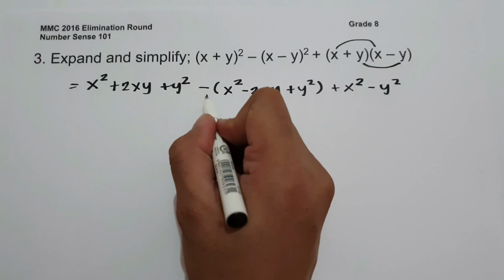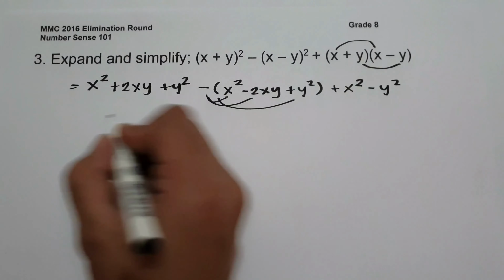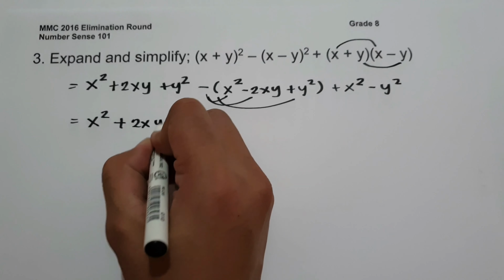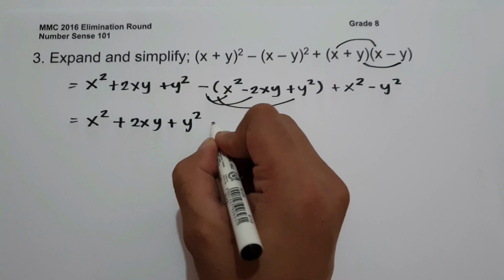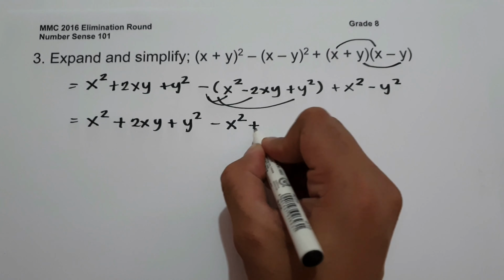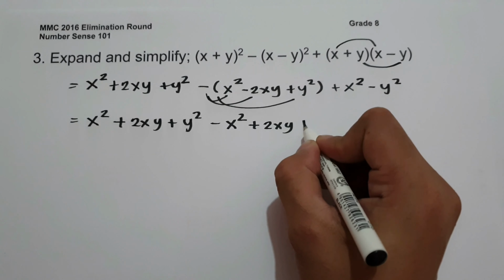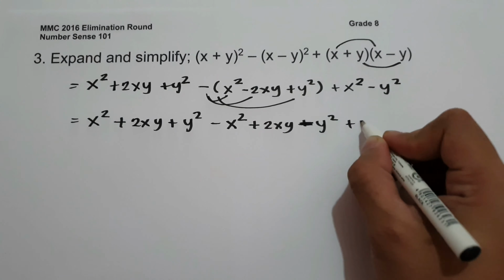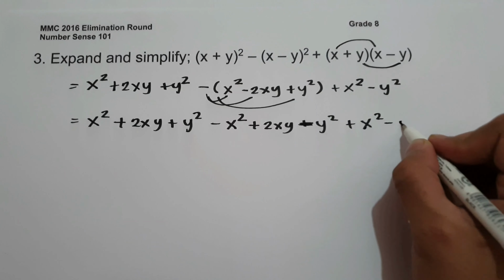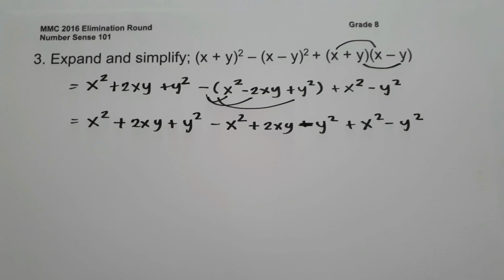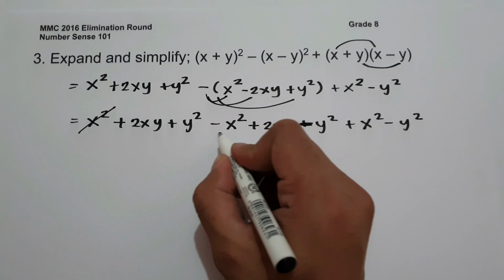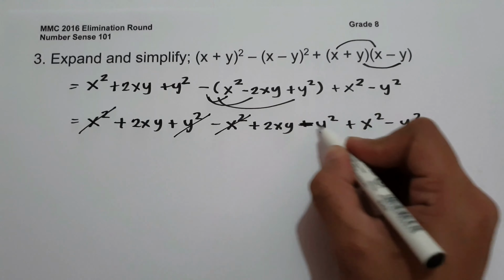So let us distribute the negative sign. So let us write this one. x squared plus 2xy plus y squared minus x squared plus 2xy minus y squared plus x squared minus y squared. So to simplify, let us cancel this one, and then y squared.